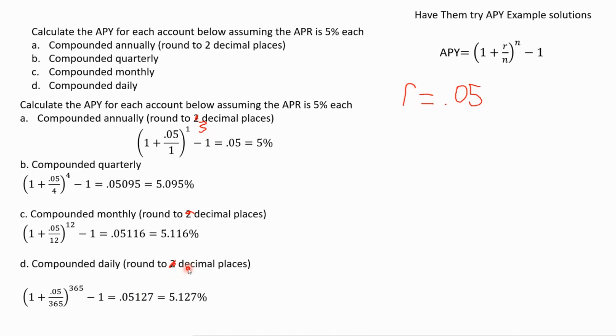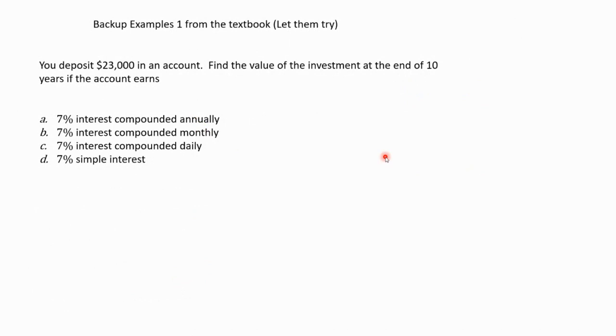All right. Now that's basically it for chapter 5. What I wanted to do though was to have everyone try some more examples. Are there any questions on this? Okay. Well, here's what I want everyone to try. We'll take a few minutes to do it.